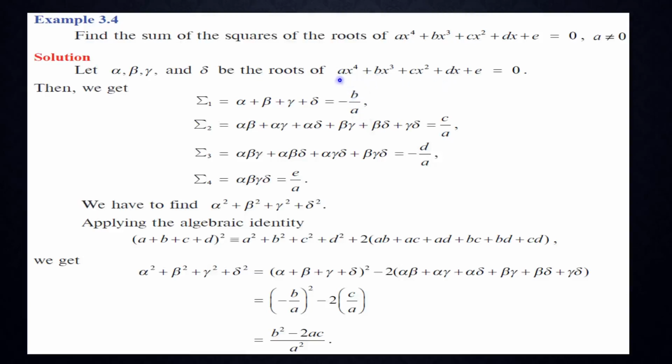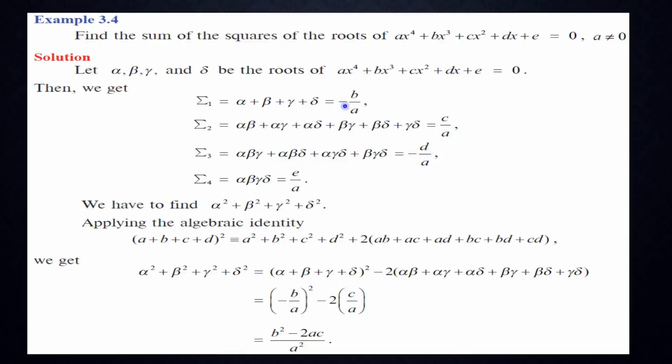Okay, because all the coefficients are a, b, c, d and e. Okay, next you have to take the sum of the product of two roots, that is taken as summation 2. That answer is here c by a. The next summation 3 is sum of the product of three roots, that is here minus d by a.